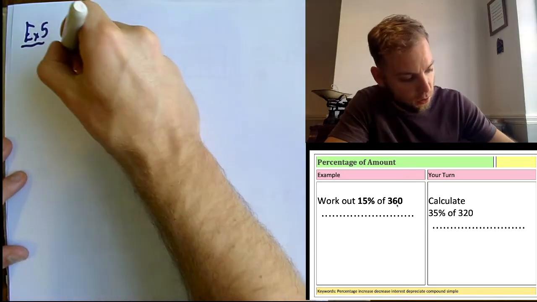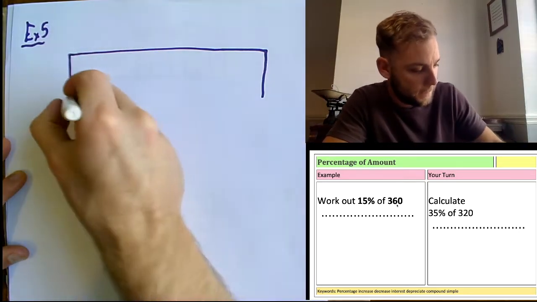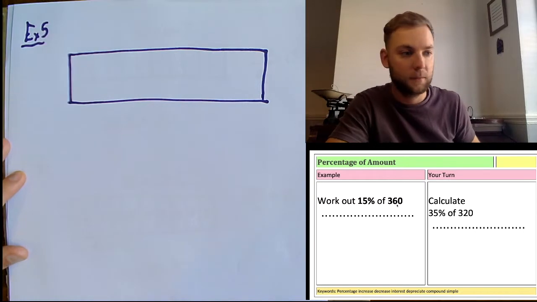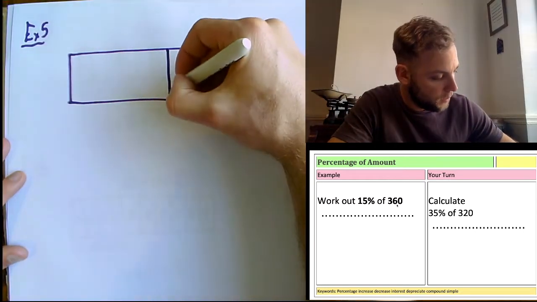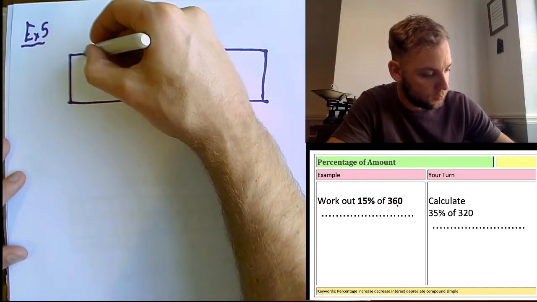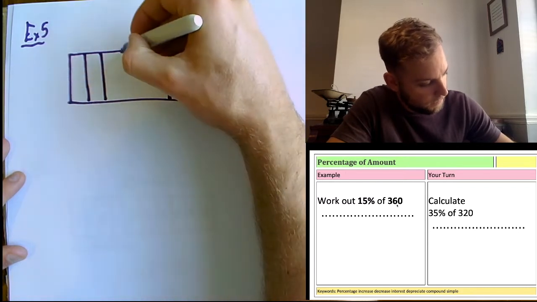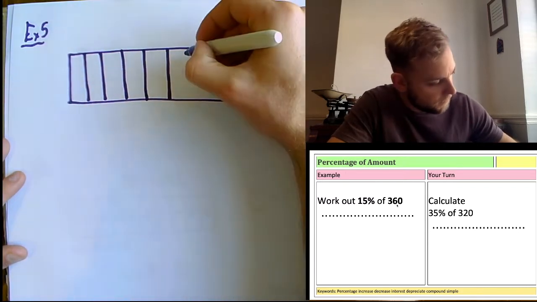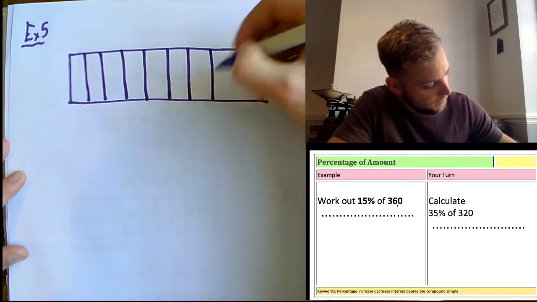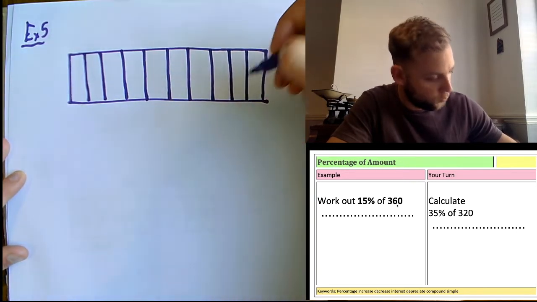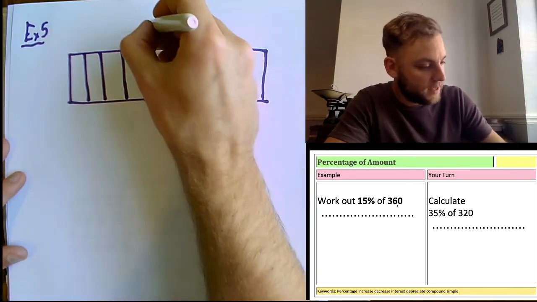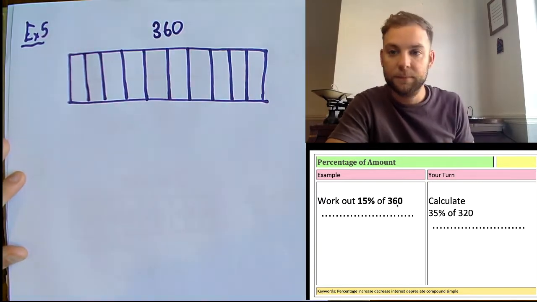So we draw our bar like so. Okay, we're going to split it up into 10 parts first of all. Brilliant. We know that this is worth 360.